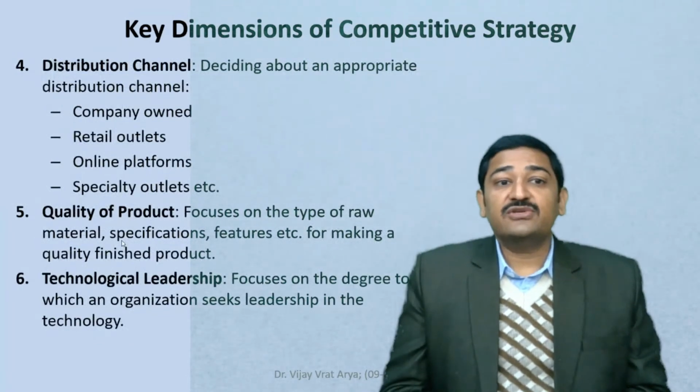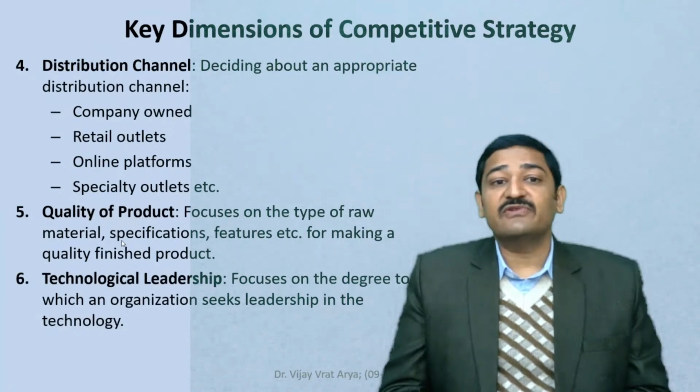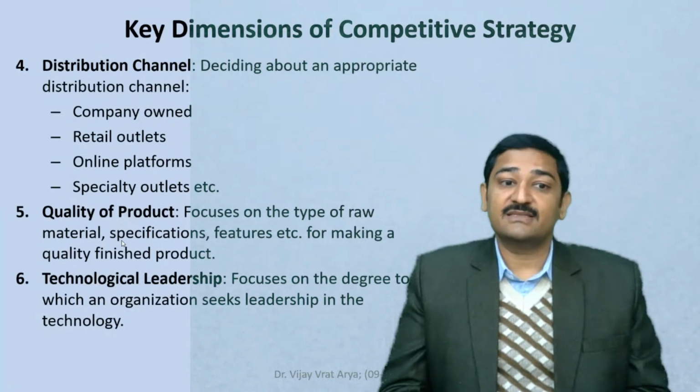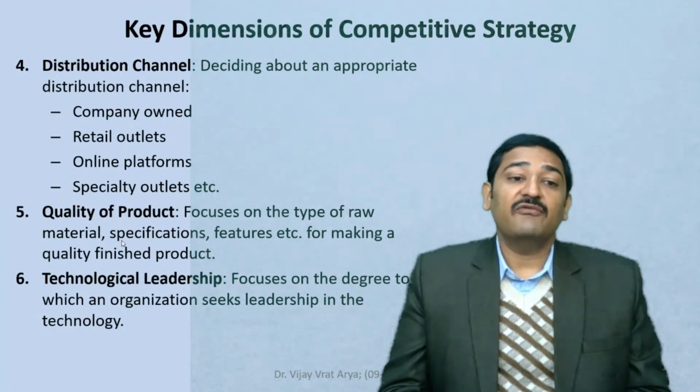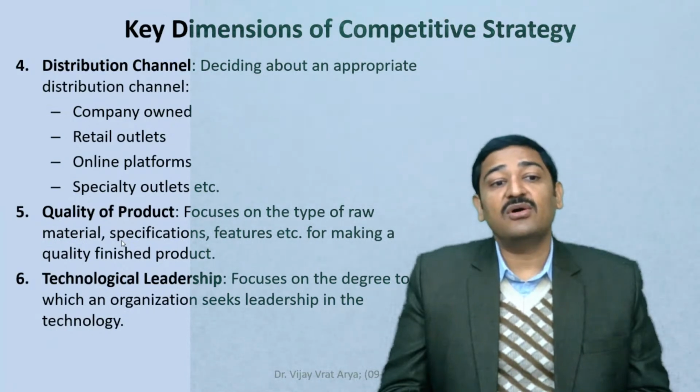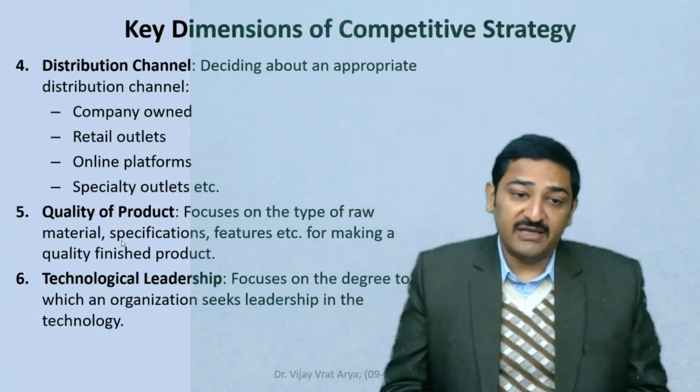Now, we further need to understand some more dimensions, that is the distribution channel, in terms of deciding about an appropriate distribution channel, whether it is company owned, retail outlet based, online platform based, or whether specialty outlets are part of the distribution channel.